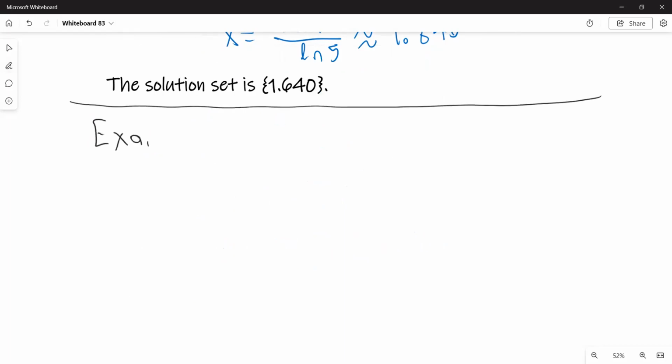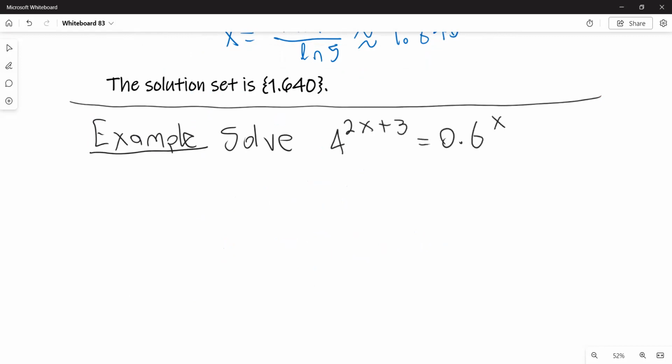We are going to solve an exponential equation with exponentials on both sides, but the exponentials have different bases. Since the exponentials have different bases, I cannot use the one-to-one property or any of the techniques we used before.